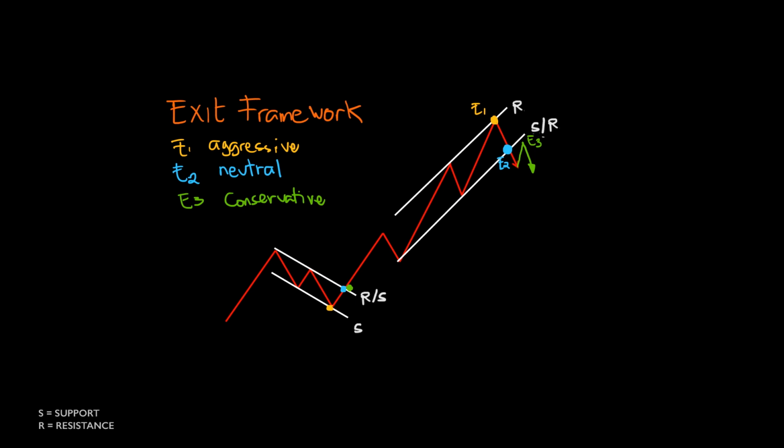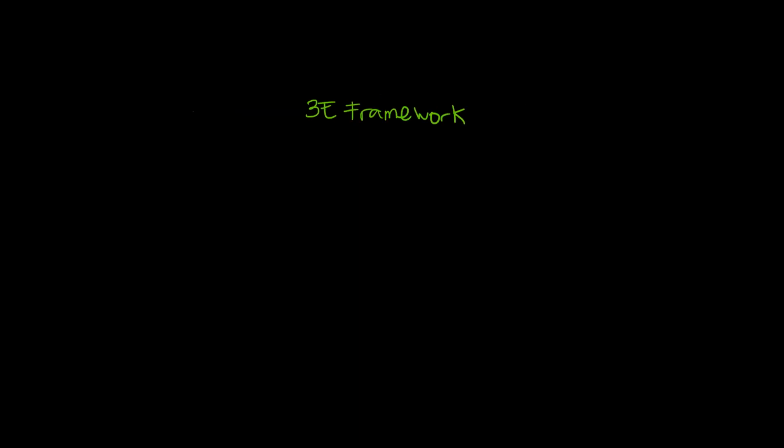Moving forward, we will be calling them also E1, E2, E3, which we will also be referring to as our aggressive exit, our neutral exit, and also our conservative exit. And finally, the best way to monetize this 3E framework is to apply these operating principles towards a strategic focus.